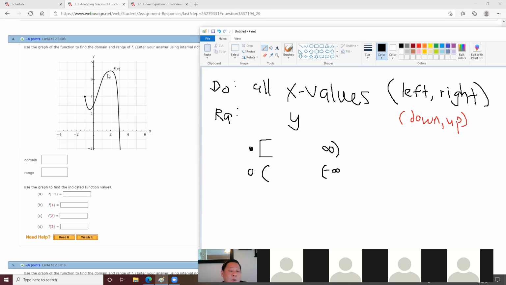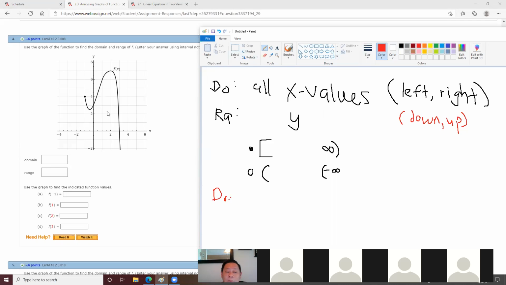So if you look at this graph, what is the domain for this graph? Can someone tell me? Now, if you see an arrow, it means it keeps on going. Okay, how far left does this graph go? Based on this graph, anyone? What's the domain in this case?